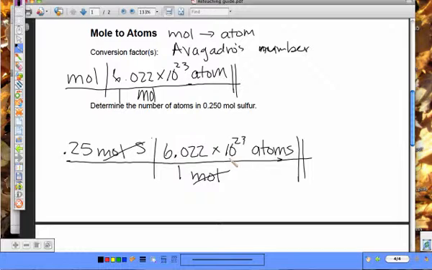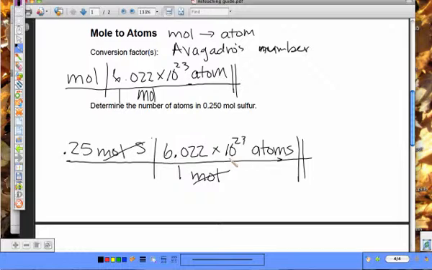Okay, I would put parentheses and then put your 6.022, and then push times 10 and then use the little XY button right here that's above the C. Yep, push the XY button and 23.